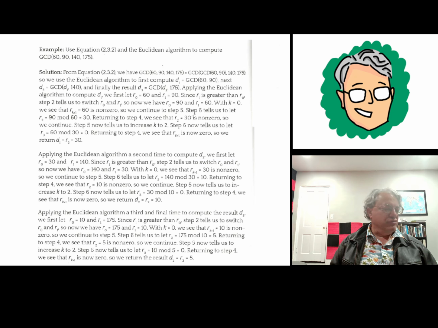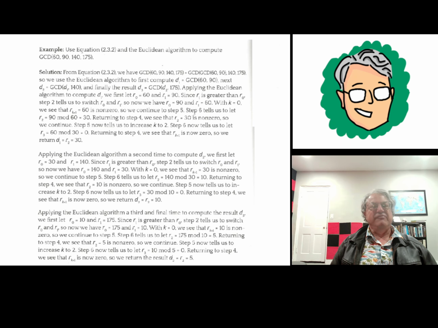Now we're left with just the GCD of 30 and 35, or 35 and 30 if you like. Again, it's pretty easy at this point. 35 divided by 30 gives you a quotient of 1 and a remainder of 5. Then you do 30 divided by 5, that gives you a quotient of 6 and a remainder of 0. So 5 was the last non-zero remainder, and now we're done. The GCD of these four numbers is 5.